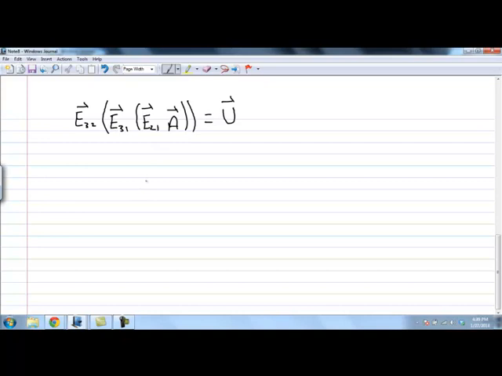Remembering from our properties of matrix multiplication that we do have an associative property, we can rewrite this multiplication like this.